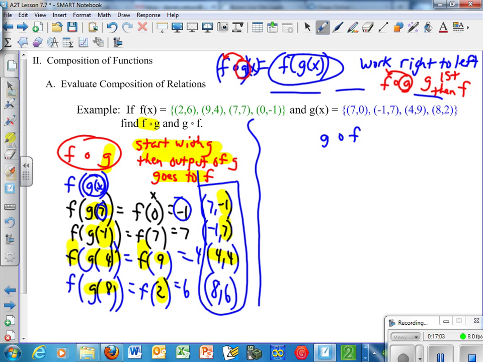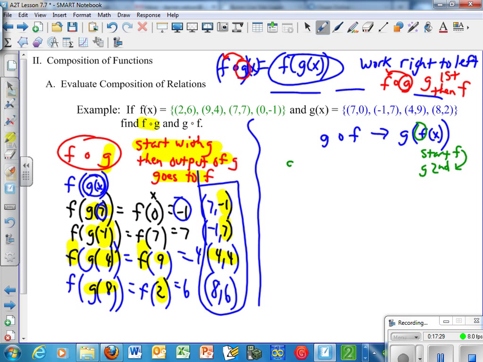So here's what I mean, g of f. That really means g of f of x. That means start with f, and then do g second. We're working right to left.